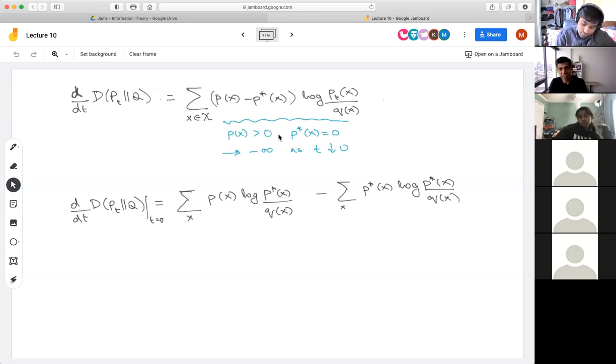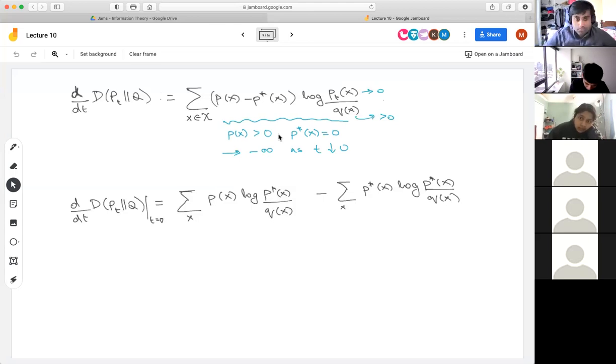And the thing inside the log is tending to minus infinity, because the numerator is tending to 0. The denominator is some positive number. We assume that the support of q is everything, so q of x is always a positive number for every x. So this is greater than 0, and this is tending to 0. So this term in the derivative is tending to negative infinity, but we said that the derivative was greater than or equal to 0.